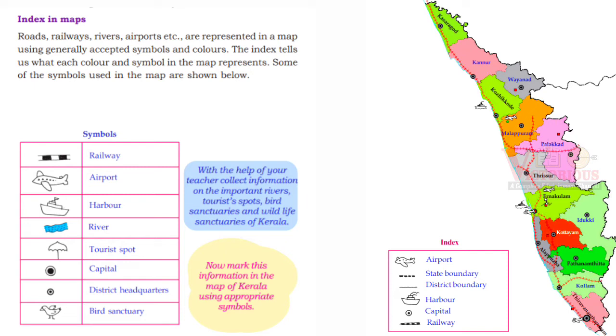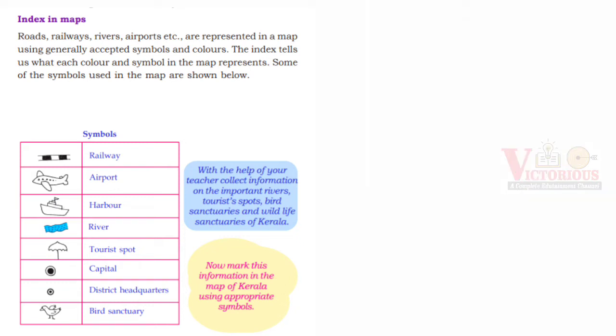Railway line we can see, airport with an aeroplane picture, harbor with a ship picture, river a blue line with black lines, tourist spot an umbrella, the capital a black spot, the district headquarters a small black spot, then bird sanctuary a bird picture there, right? So after seeing these images, we have to understand there is an airport, there is a railway, there is a harbor. Do you understand? So in the place we can see the image.